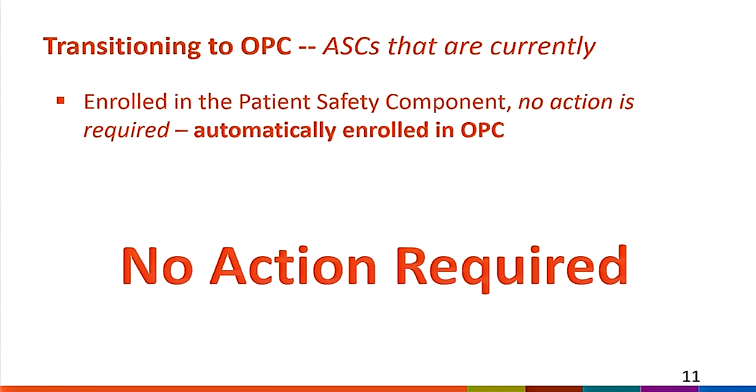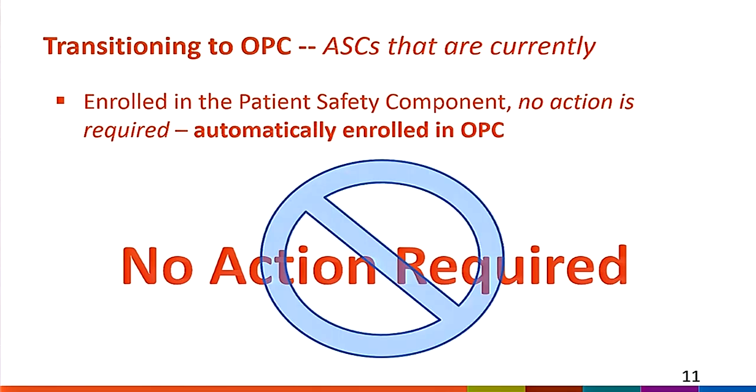Because OPC replaces the use of patient safety for ASCs, the question that may come to mind is, how will ASCs that are currently enrolled in NHSN as facility type AMSURG be impacted by OPC? And this is a great question. ASCs that are currently enrolled in the NHSN patient safety component, no action is required. These facilities are automatically enrolled in OPC.